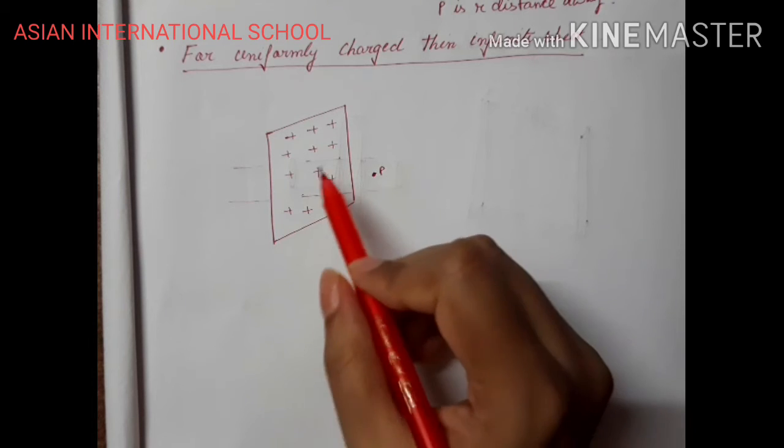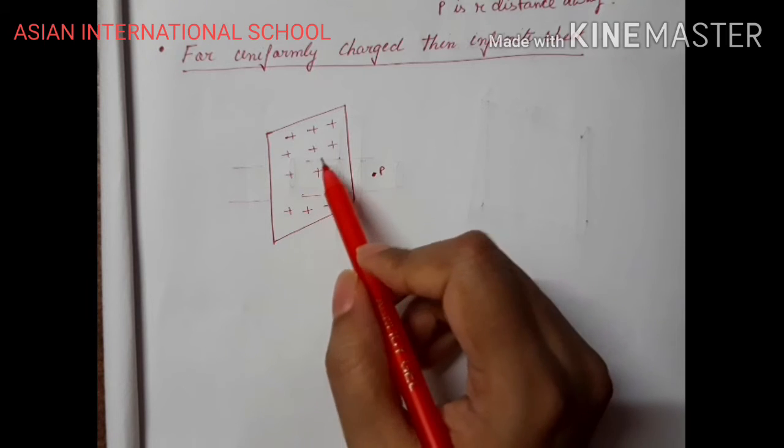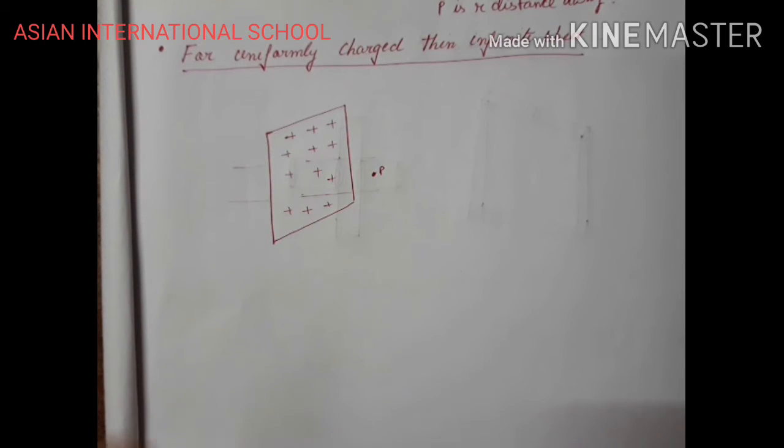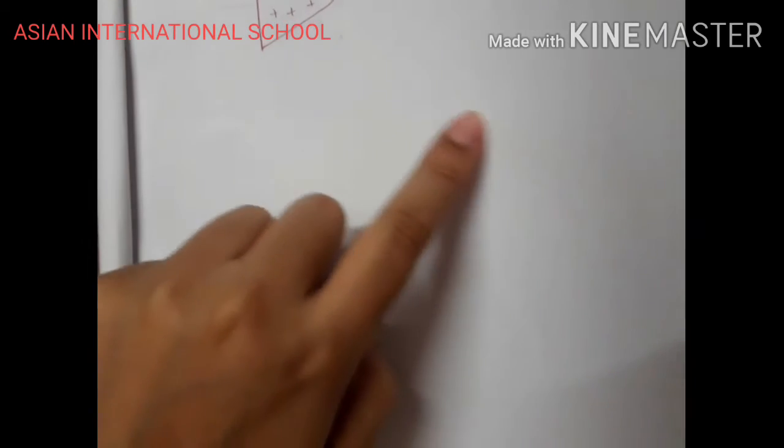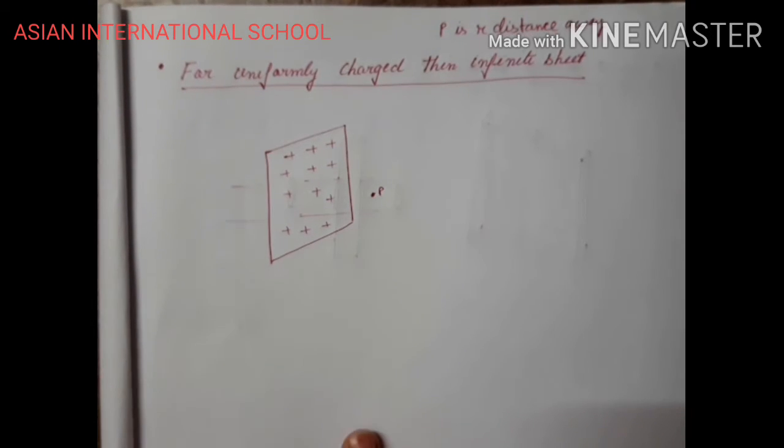What we will be doing, we will cut out a small portion of this surface and we will insert a cylinder. Suppose if I take this page, and if I cut out a circular portion of this sheet, and if I insert a cylinder, then it becomes the Gaussian surface. Okay, so the best choice for the Gaussian surface is a cylinder.